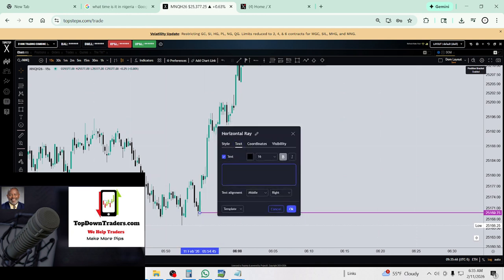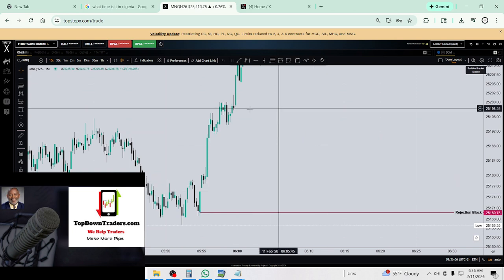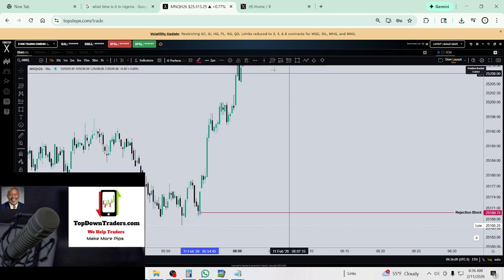So, rejection block. And this is going to be to the right. And change the color because I have some kind of color over there already. I'm going to make this one a little thinner. And let's lock that right there.